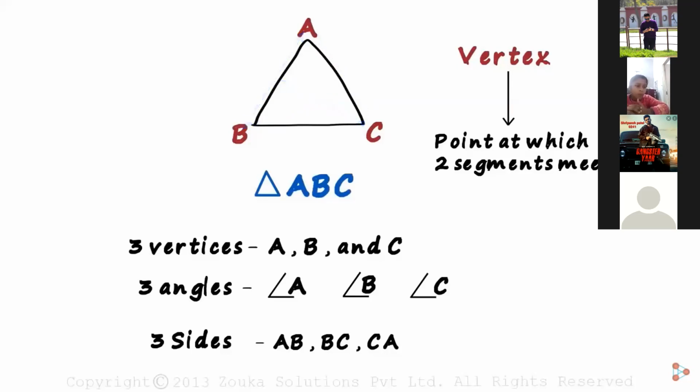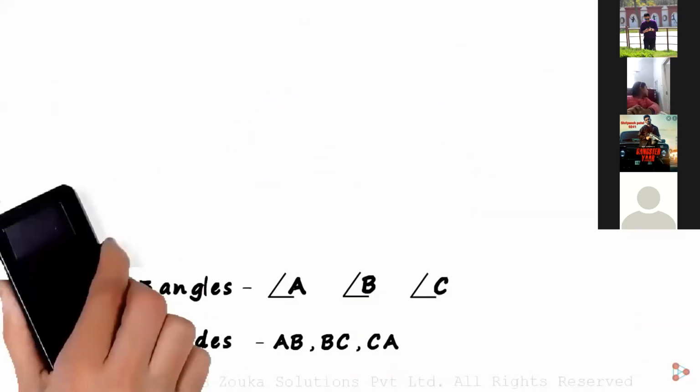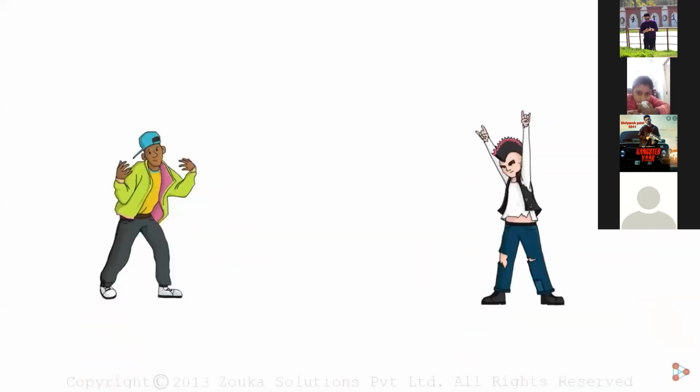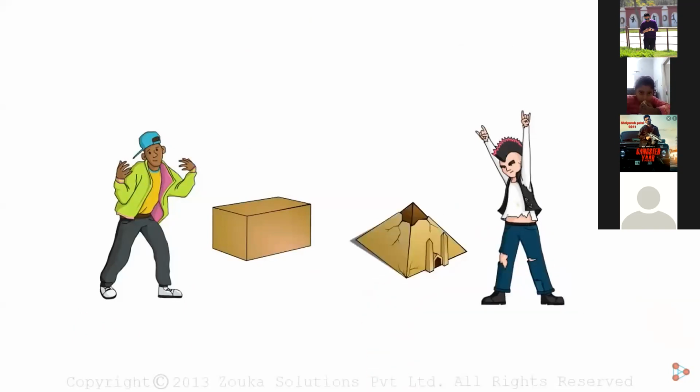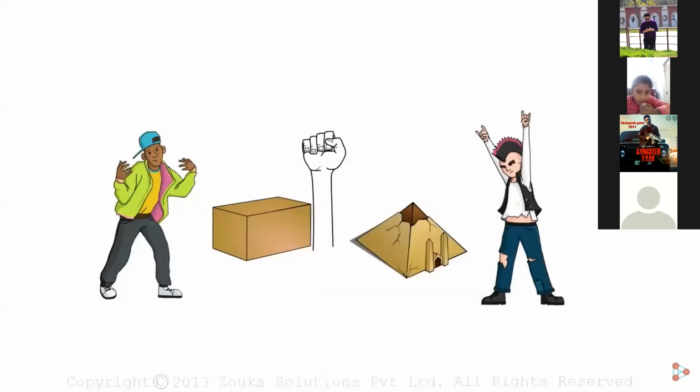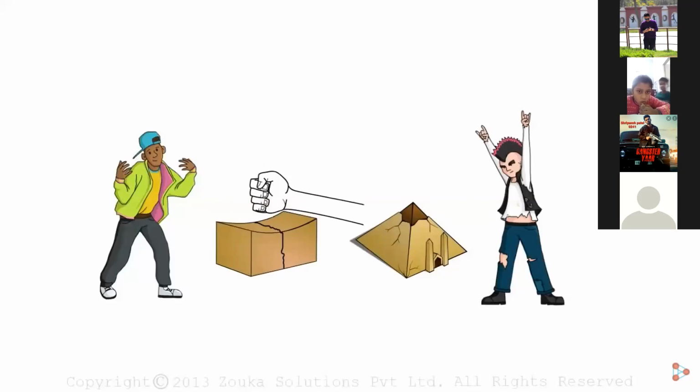All this is very simple to understand, but may get boring if you do not know the real-world applications of triangles. Think about two brothers, Ben and Charlie, who love breaking each other's toys. Ben has a rectangular toy shaped like this, and Charlie has a triangular shaped toy. Charlie attacks first and breaks Ben's toys easily. Getting angry, Ben runs towards Charlie's toy, hoping to smash it into pieces.